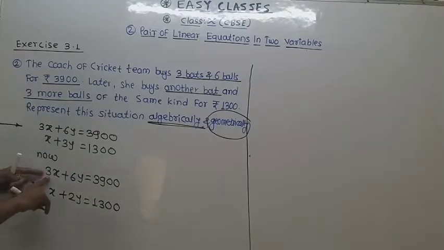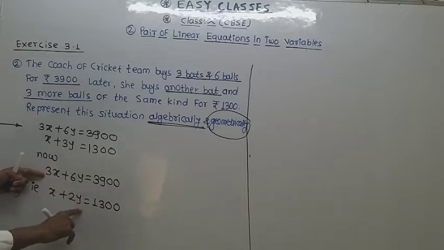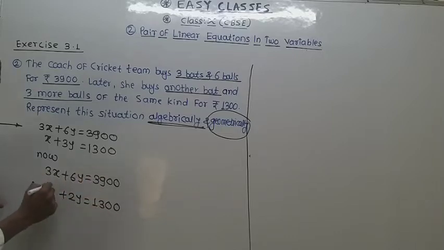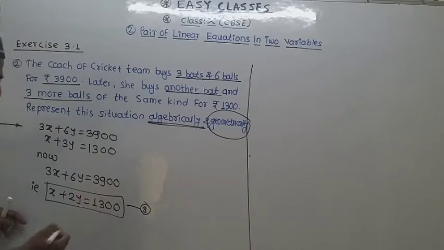Look here, if we divide by 3, 3 ones are 3, so only 1 is here; 3 twos are 6, so 2y; and 3 ones are 3, 3 threes are 9, and 2 zeros as it is. So this equation becomes like that. So it is our third equation.